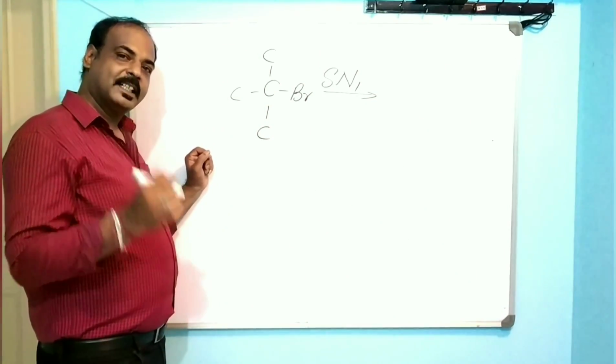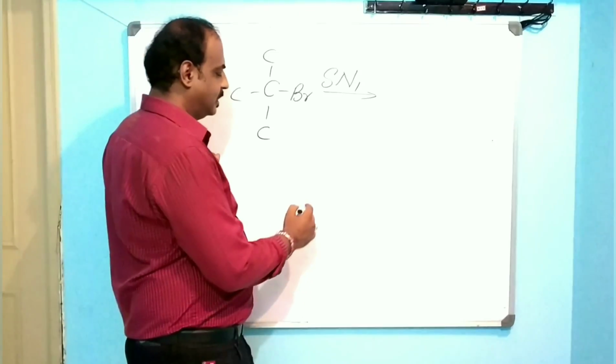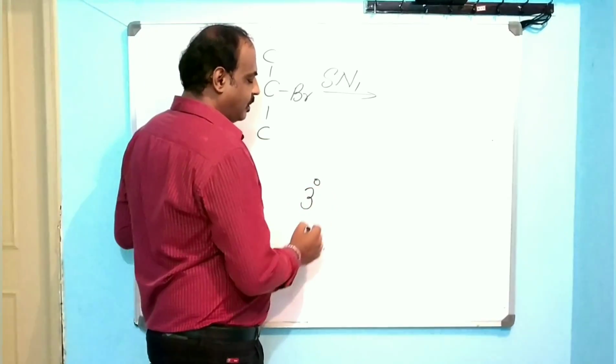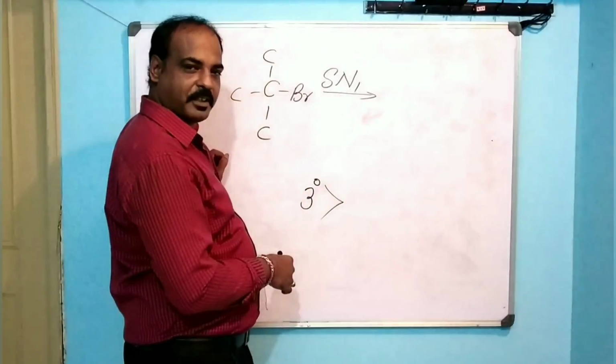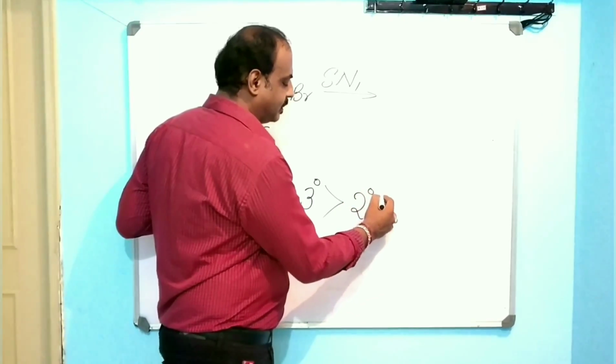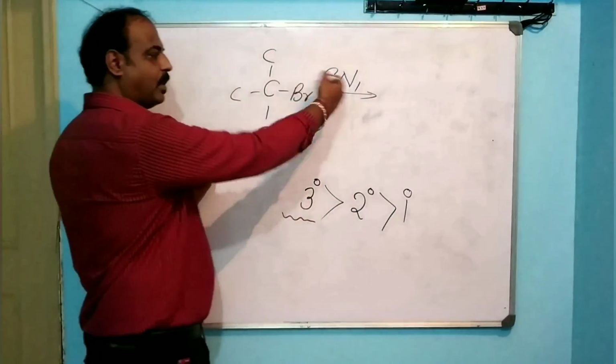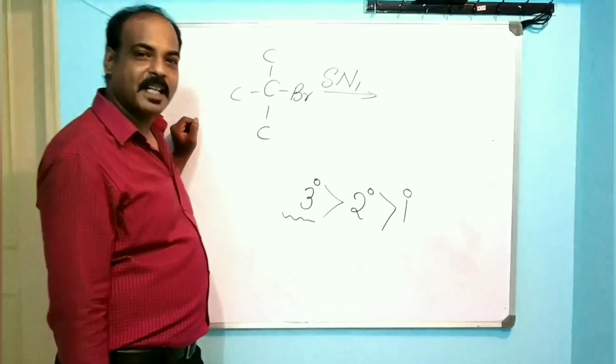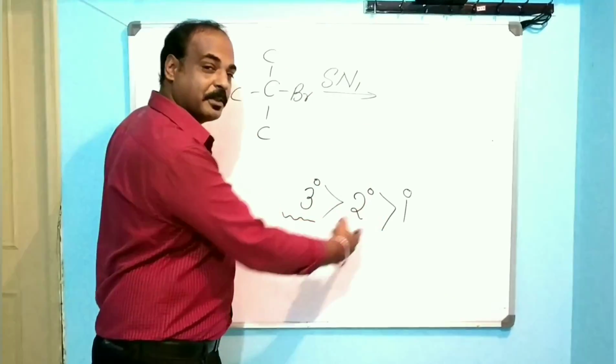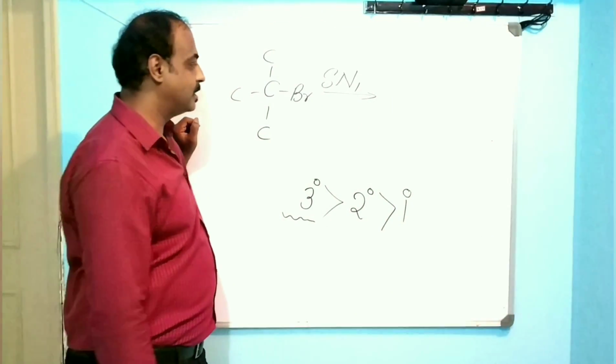When you consider the SN1 mechanism, tertiary is always greater than secondary, than primary. So tertiary will always follow the SN1 mechanism. It will not undergo the SN2 mechanism.